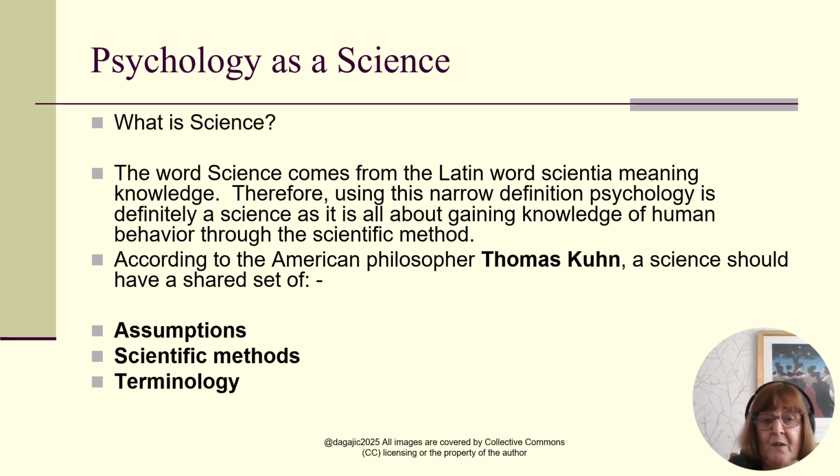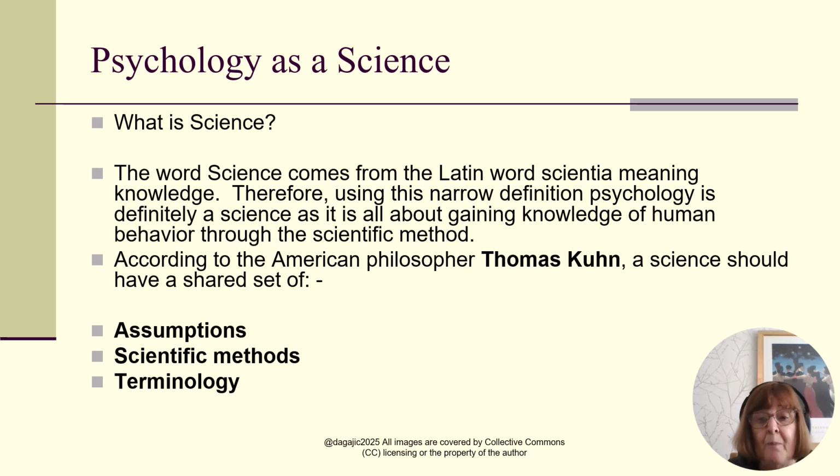It uses scientific methods, it uses experiments, it has its own terminology. We use terms like reliability and validity. However, where psychology falls down on Kuhn's definition of a science is having one set of assumptions to explain human behaviour. Psychology has a number of competing assumptions and explanations.